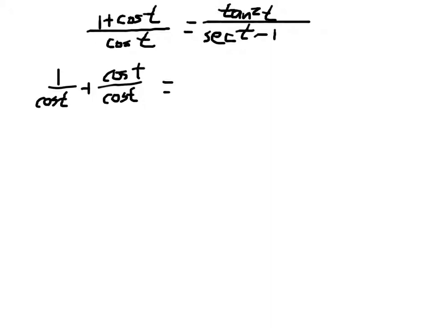Anytime I see a square term in a trig identity or trig problem, I'm looking at a Pythagorean identity. Now, it's not one of the more common ones, but we do have a Pythagorean identity that says tangent squared t is equal to secant squared t minus 1.